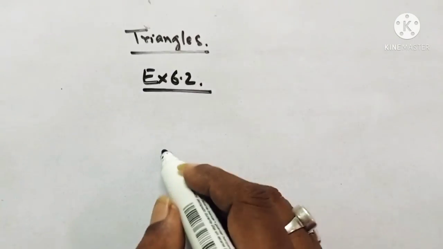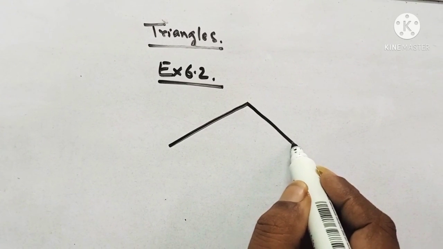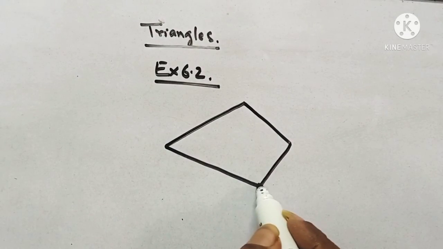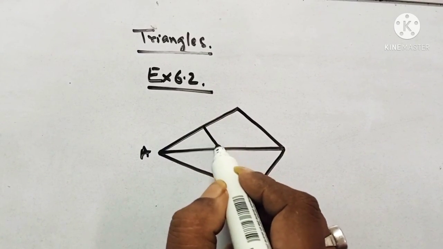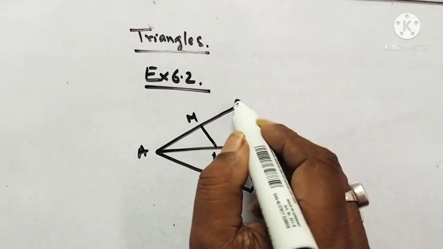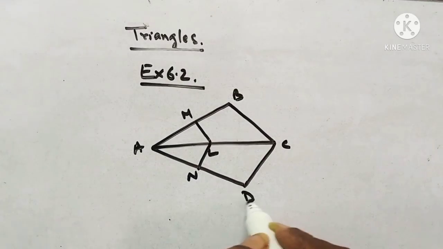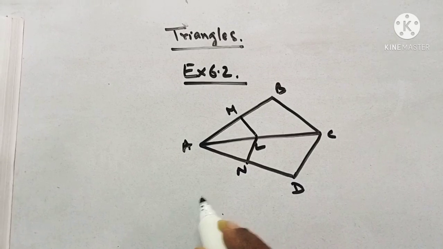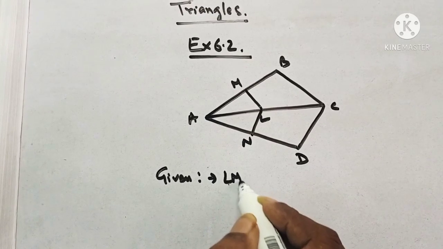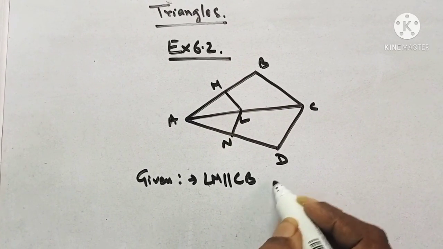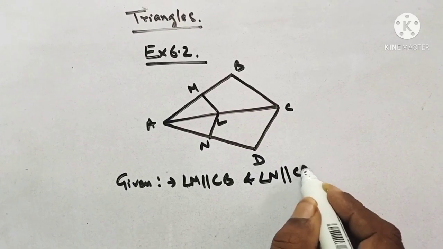So here, this is the figure. A, M, L, B, C, and D. Here it is given in the figure that LM is parallel to CB and LN is parallel to CD.